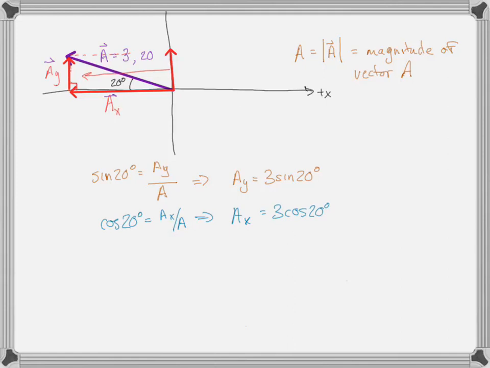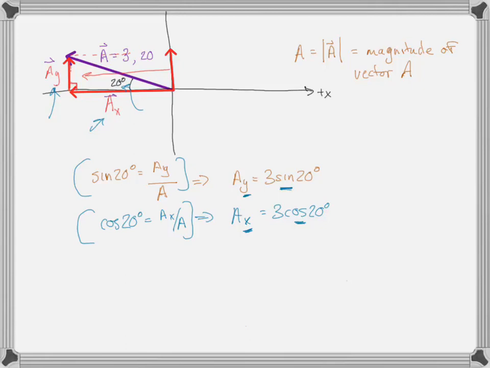Now, this is just going to be a problem for a lot of you. You will often see the way we draw our vectors that the x component is the cosine and the y component is the sine. But that is not necessarily true. This came from the geometry of the right triangle. And you have always, and this is what I was trying to say on the other page, you've always got to look at the angle and look at which side is opposite and which side is adjacent and write this out to make sure that you've got the right component.